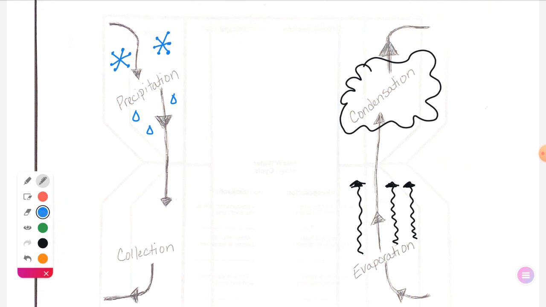Collection. What did you just learn about collection, Reese? It's like the ocean. Large bodies of water. So let's draw, and you can just shade a whole section in blue. It doesn't have to be anything fancy. But then I would take a darker color and just show some lines.